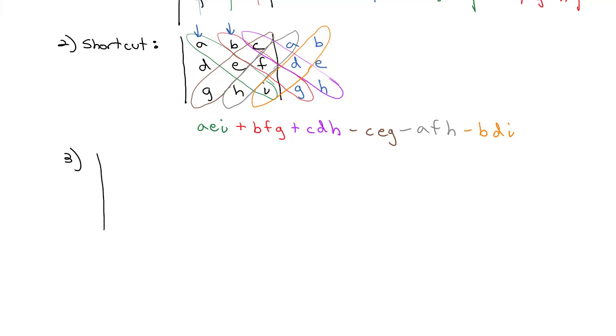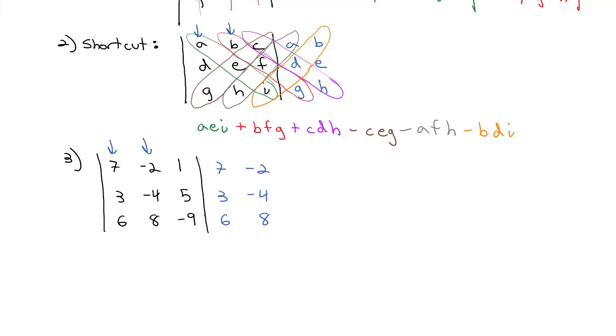So if I wanted to calculate the determinant of 7, -2, 1, 3, -4, 5, 6, 8, negative 9, we would follow this pattern. First, repeat the first and second columns: 7, negative 2, 3, negative 4, 6, and 8.